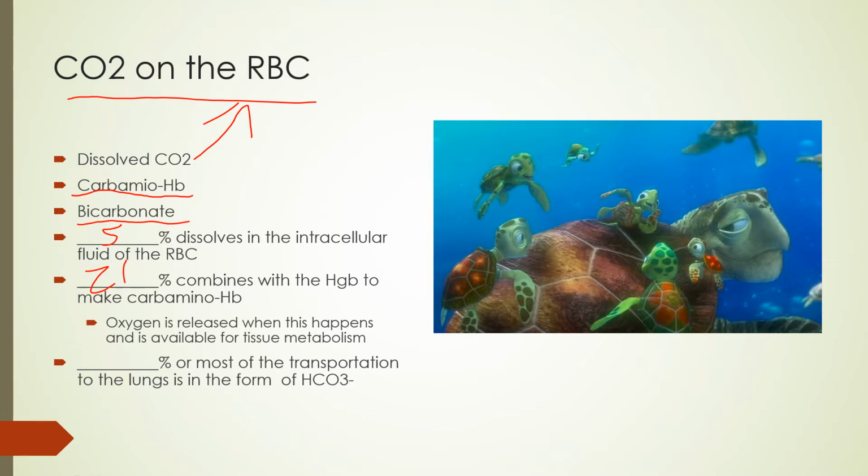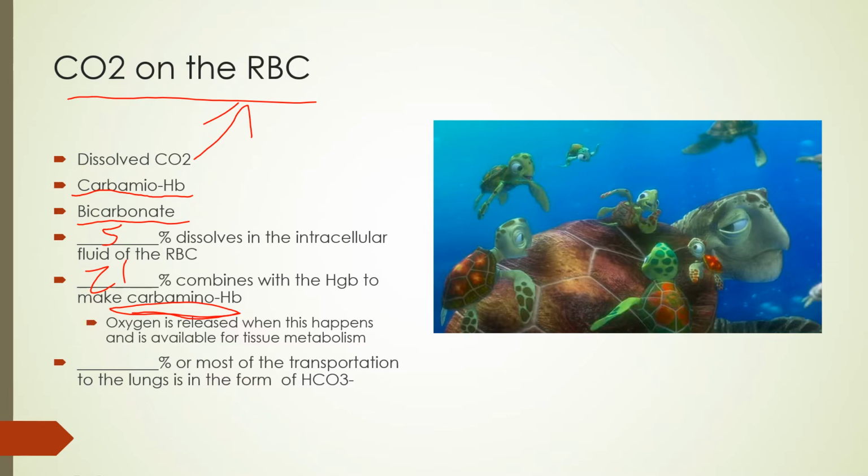So that hemoglobin molecule that we talk about where the oxygen binds to it in that site, this is where we have the CO2 binding to it. So when CO2 is bound to it, it's called carbaminohemoglobin. And 21% of your CO2 gets transferred this way. 21%. Now that's a big chunk, right? Compared to what we were looking at before. This is still more.